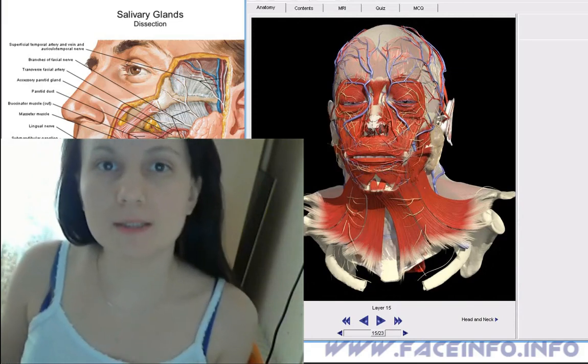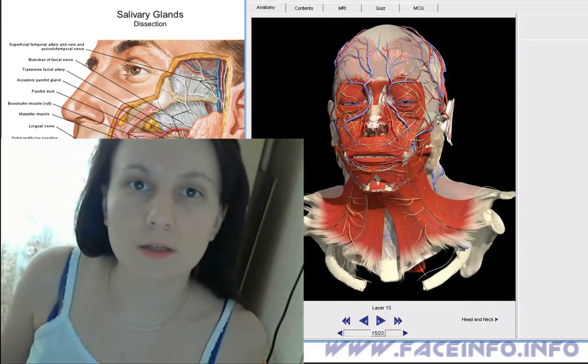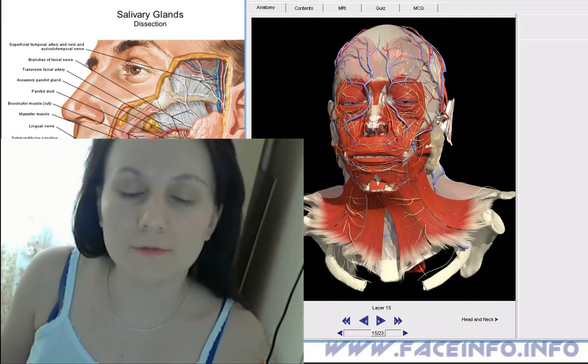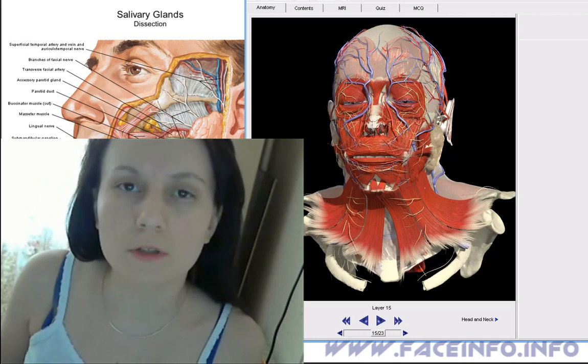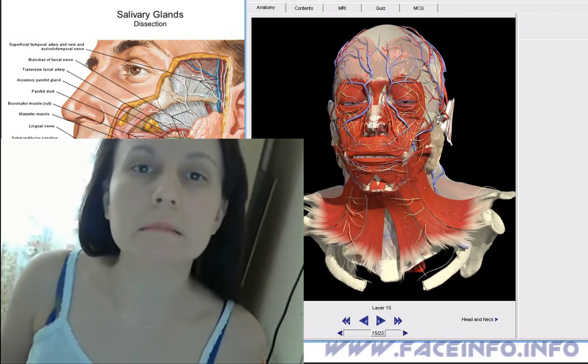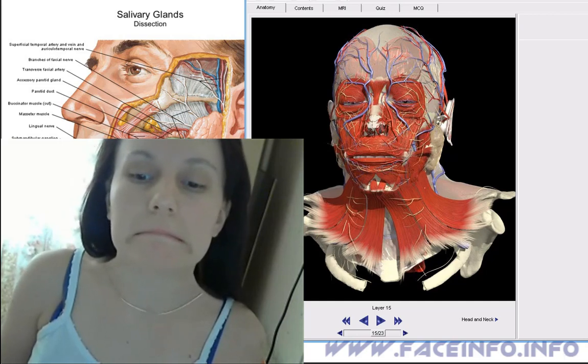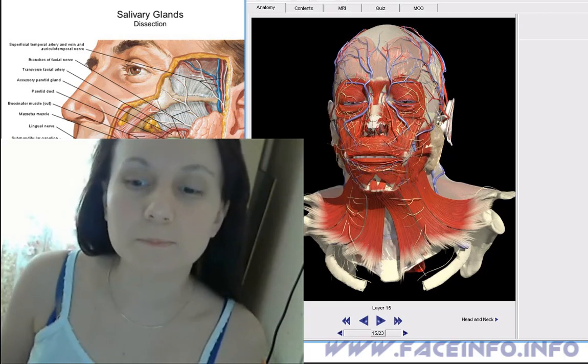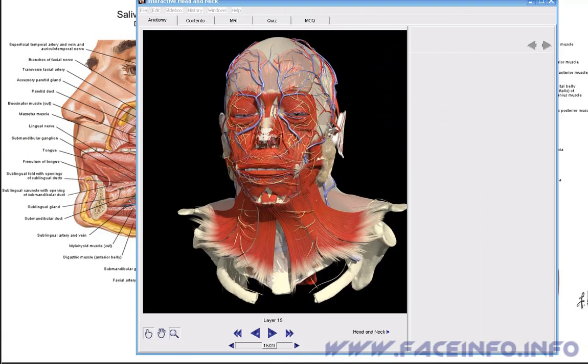Now let's speak about the platysma muscle. And first of all, I want to show you how it works. And yes, this is one of the mimic muscles.